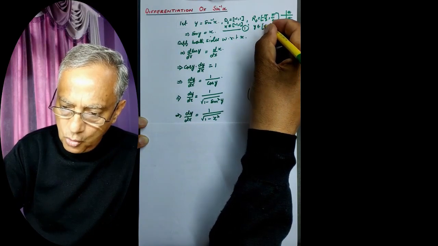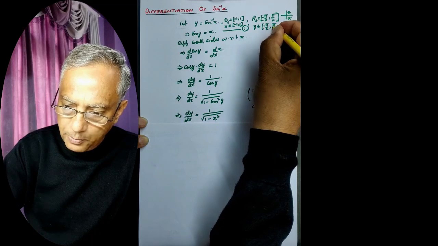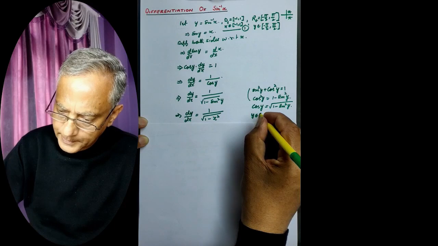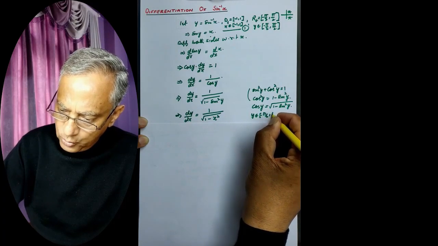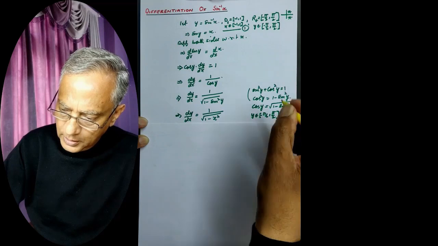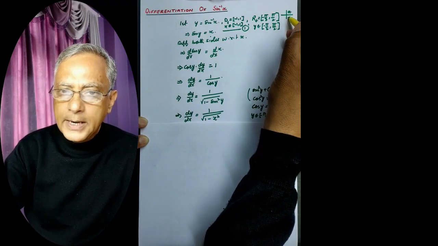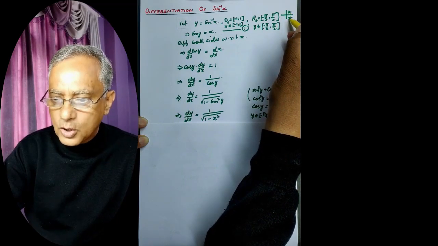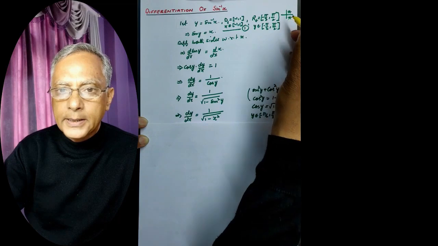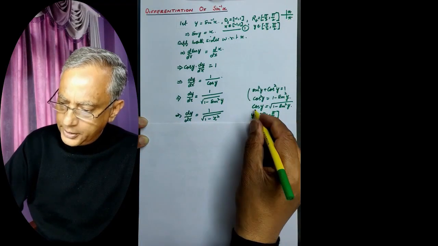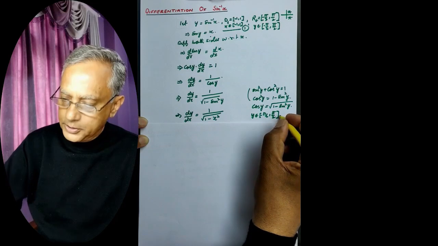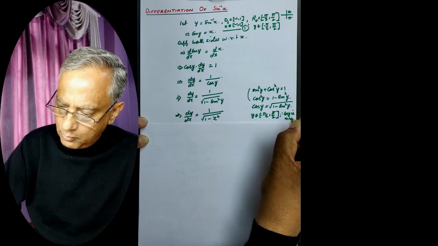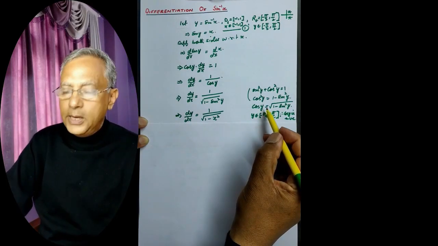Therefore, y belongs to minus pi by 2 to pi by 2, that is, y belongs to these two quadrants. In these two quadrants, cos y is positive in the first quadrant and cos y is positive in the fourth quadrant. Therefore, for y belonging to this, cos y is positive, and therefore we are taking only the plus sign.